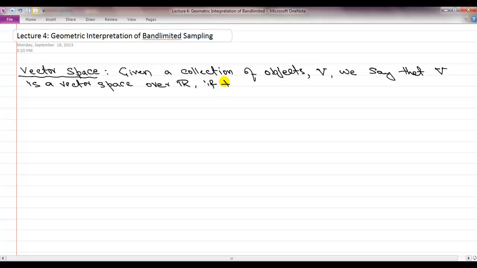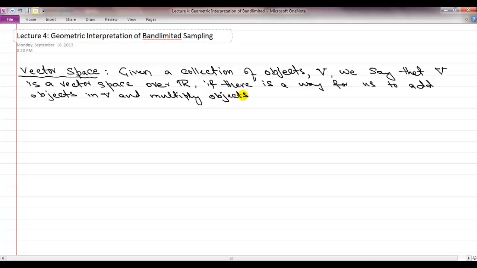If there is a way for us to add objects in V and multiply objects by scalars such that the following axioms hold.